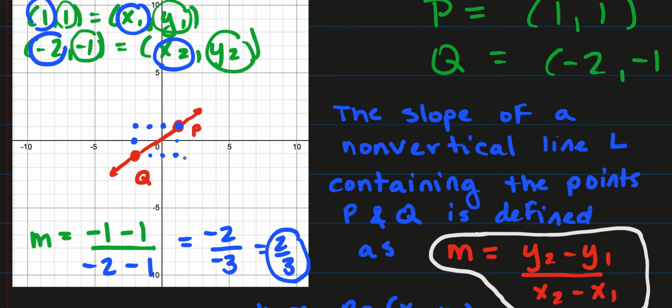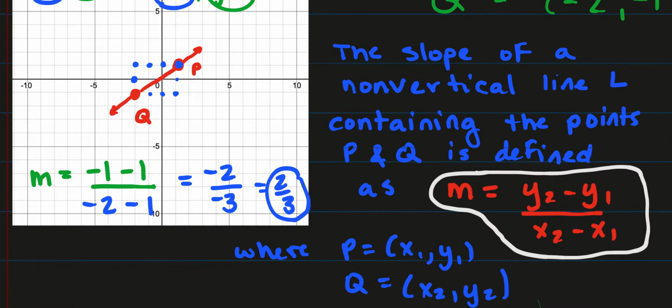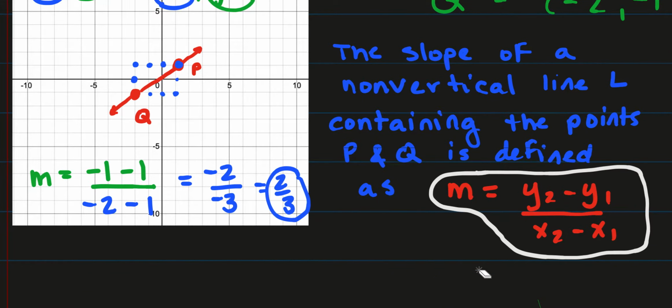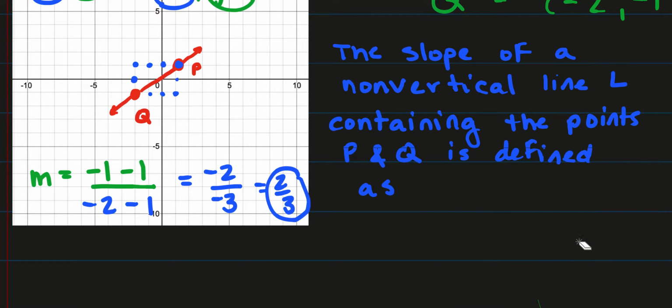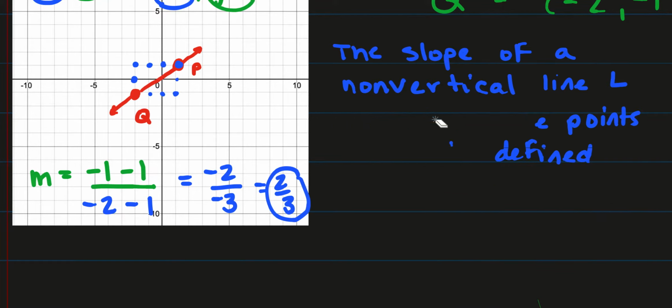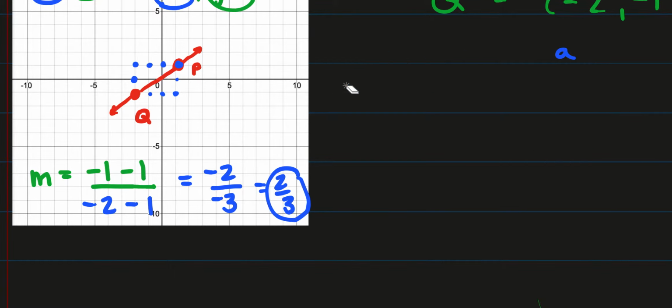So it's how far you have to go up and to the right, or you could say to the right and up. So the top number, let me erase some of this so I can write it right here. Also, make sure that you pause the video, or you can go back at any time and write down the definitions. That way you have them in case I erase them.